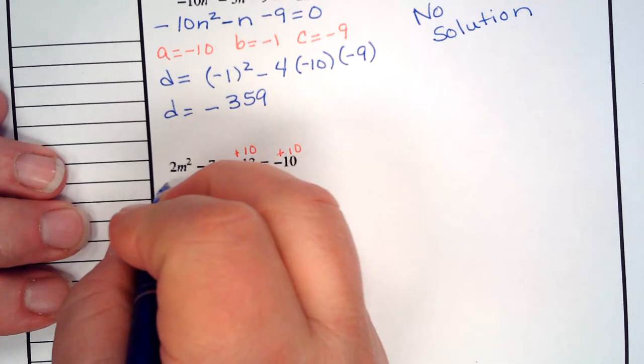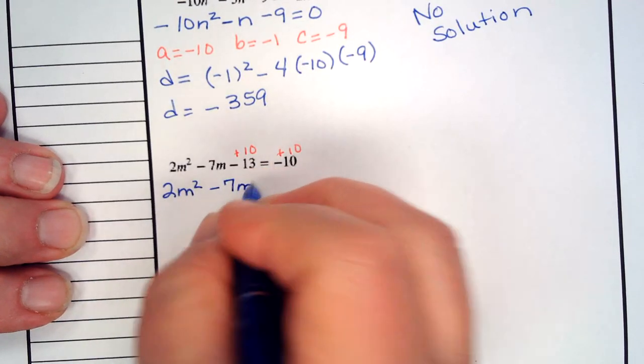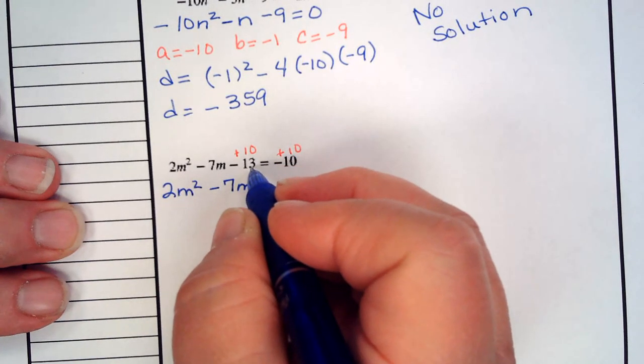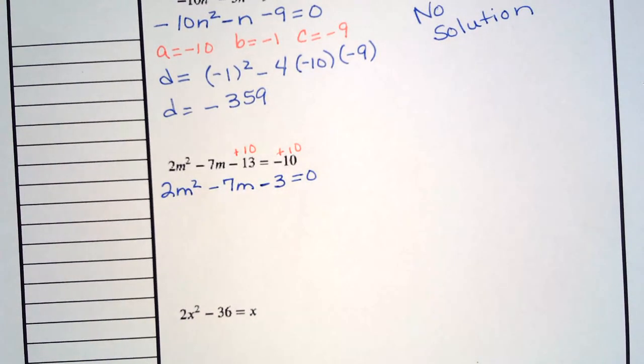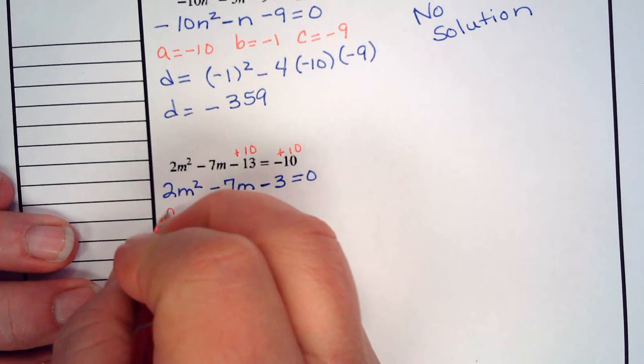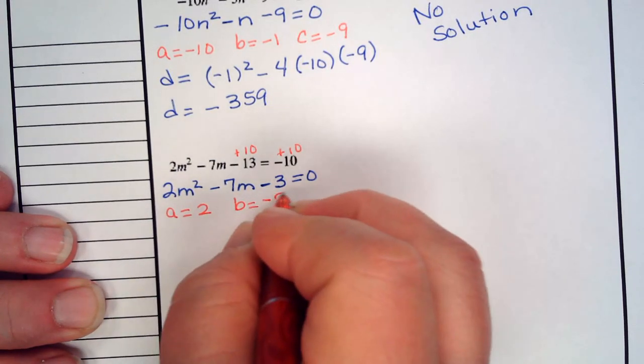So this is 2m squared minus 7m, 10 plus negative 13 is negative 3, minus 3 equals 0. Identify A, B, and C. A is 2. B is negative 7.